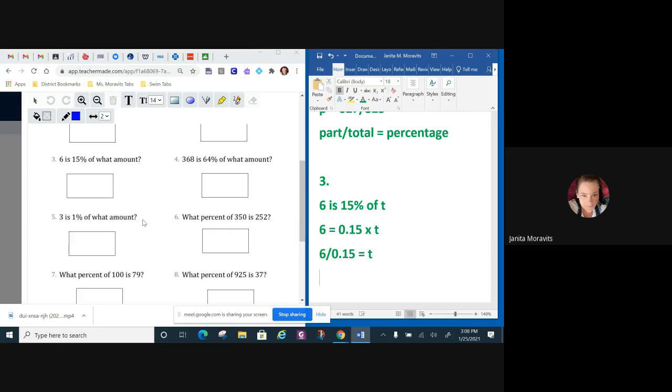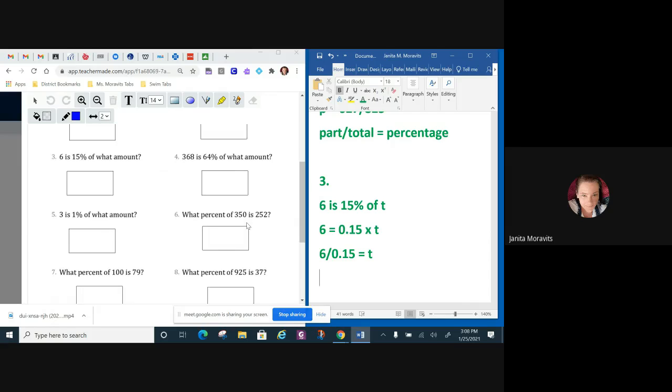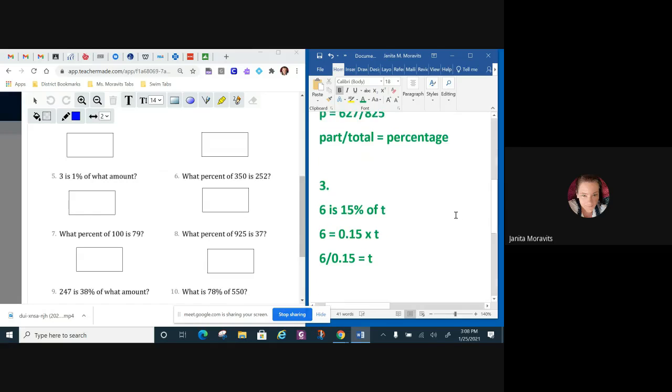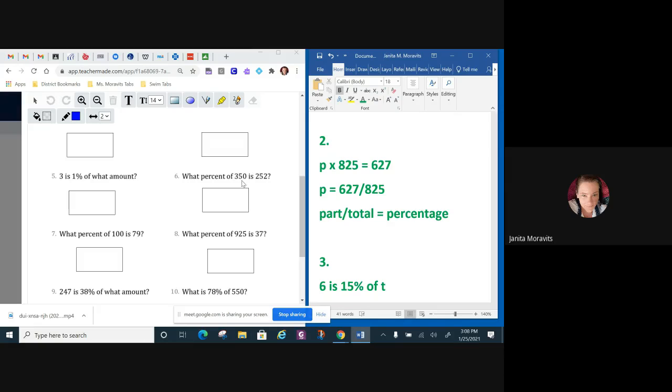Well, same thing again. You're going to take your part, which is 3, and divide it by 0.01. Right here, what percent of 350 is 252? Well, that one you're going to do like number 2. You're going to take your part, which is 252, and divide it by 350.